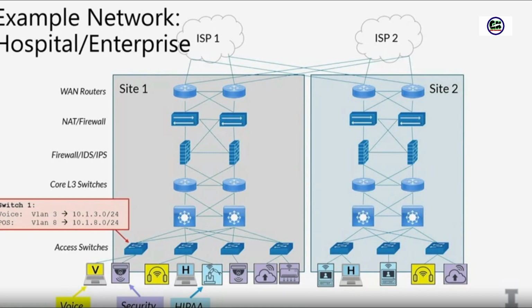We can go into our switches, and we're going to configure our switches to put different ports on different VLANs. So the switch is going to say, okay, this is a voice unit that's attached to me at this port. This is a security unit that's attached at this port. So if I get packets from the security device, it's going on the security VLAN. If I get packets from the voice device, it's going on the voice VLAN.